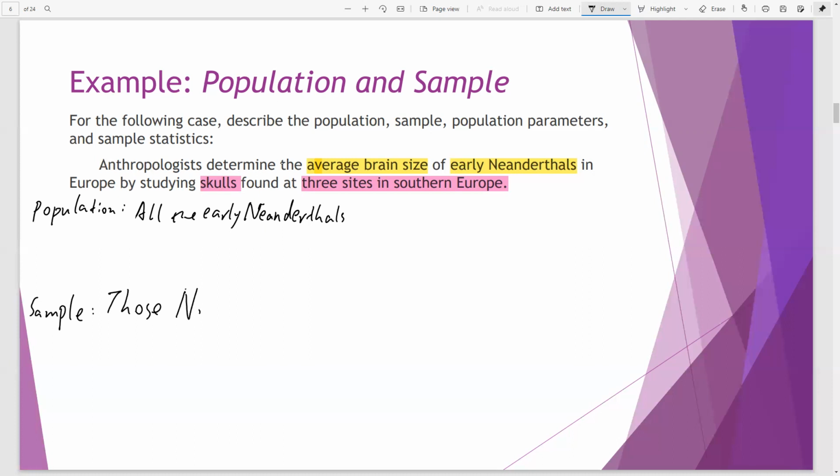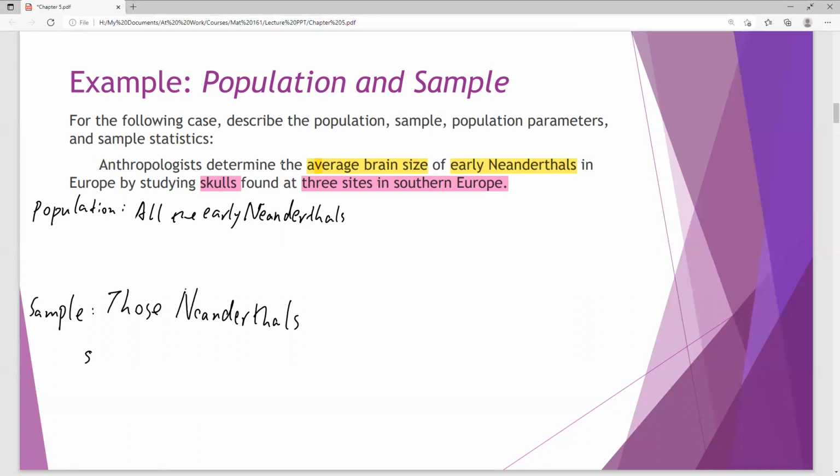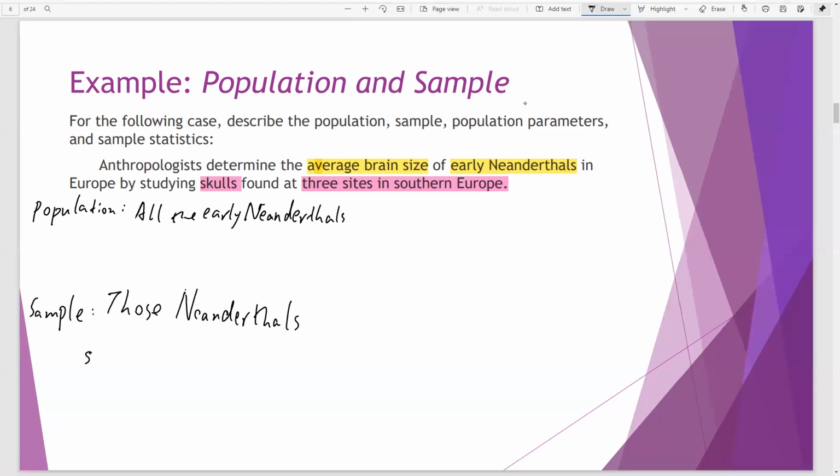We have the sample, right? Those Neanderthals found at 3 sites in Southern Europe.